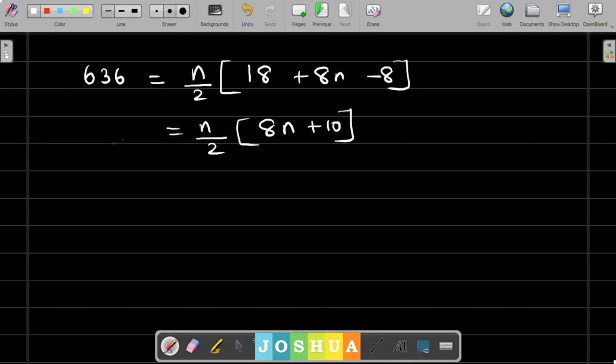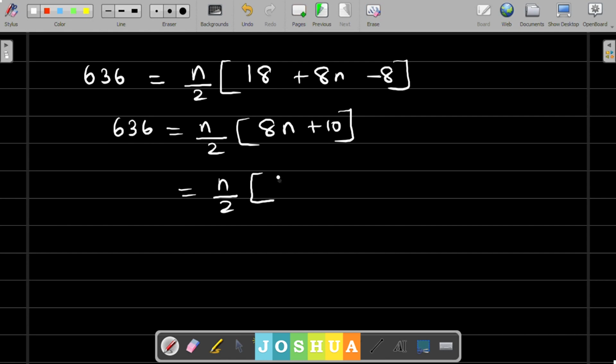Since we have 2 in the denominator, I can divide it inside, or just take 2 outside from the 8n and 10. These are some shortcut methods; we can minimize the steps involved here.